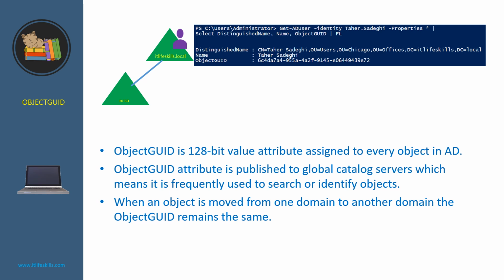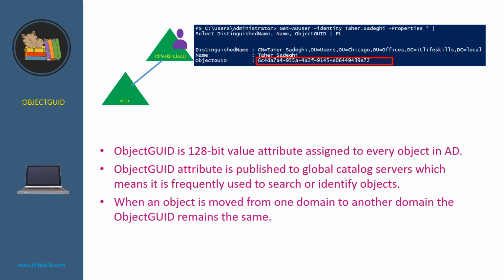Let's talk about object GUID. Object GUID is a 128-bit value attribute assigned to every object in Active Directory. Object GUID attribute is published to global catalog servers, which means it is frequently used to search or identify objects.